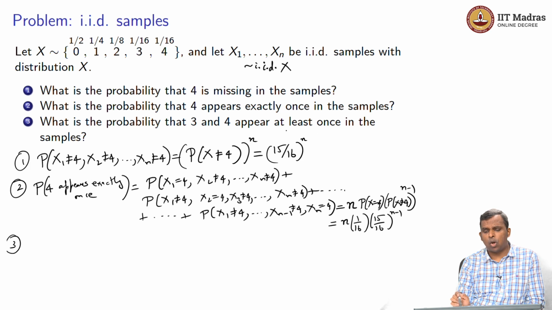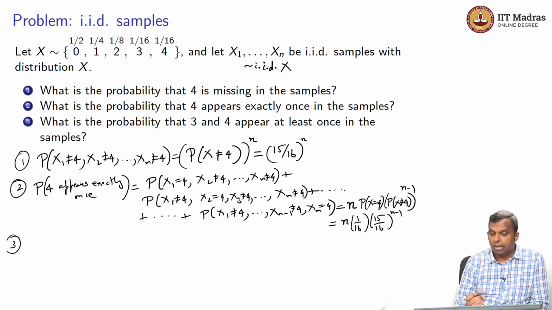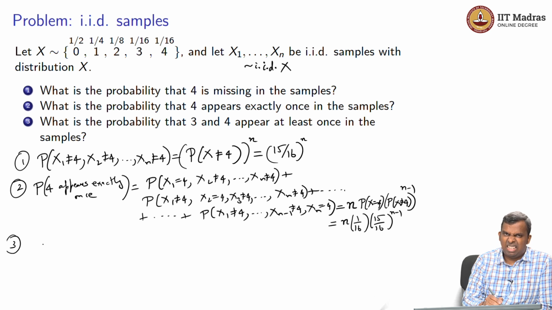So this "at least once" complicates matters. If it were to appear exactly once, then you can do some calculation like this, but this is at least once. So 3 could appear once, 3 could appear twice, 4 could appear once, 4 could appear twice. It looks like all sorts of possibilities are there. So it's a little bit more twisted.